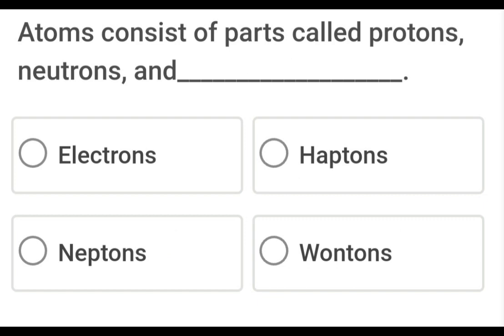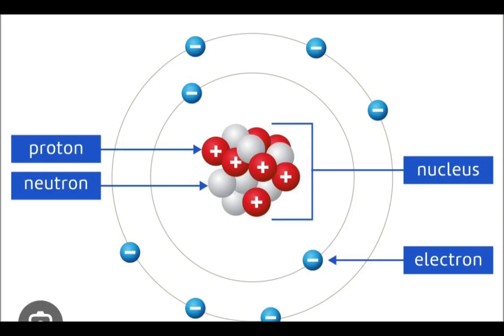Second question. Atoms consist of parts called protons, neutrons, and dash. A. electrons, B. haptons, C. neptons, D. wontons. We are going to select electrons as our answer. Atoms consist of parts called protons, neutrons, and electrons.